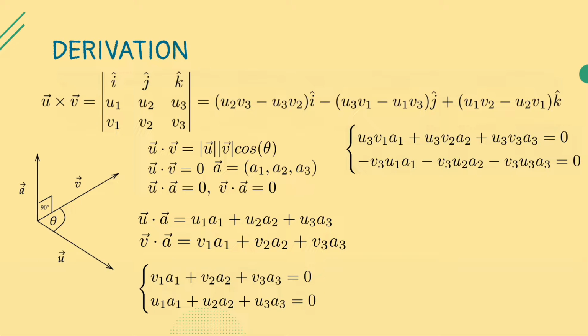So using the commutative property, the fact that v times u is the same as u times v, we can conclude that those two will cancel out. And we'll just be left with this expression here: u3v1 minus v3u1 times a1, plus u3v2 minus v3u2 times a2, is equal to 0. Alrighty.